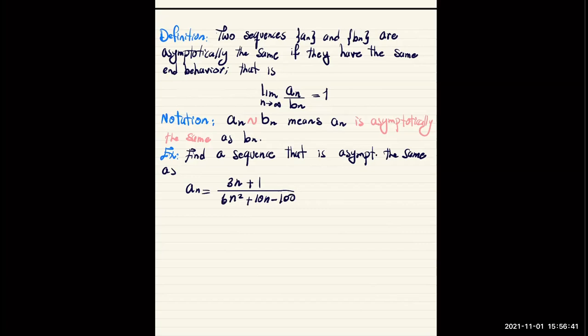All right, so we want to come up with a sequence that behaves the same way as this sequence when n gets big. All you have to do, guys, this is very easy.